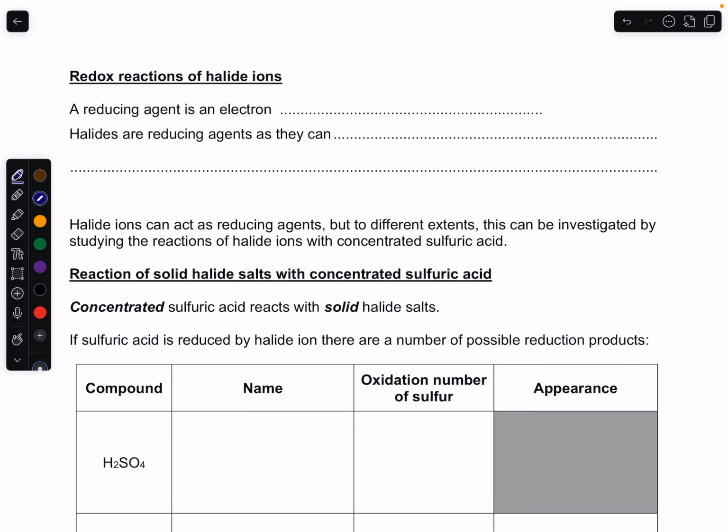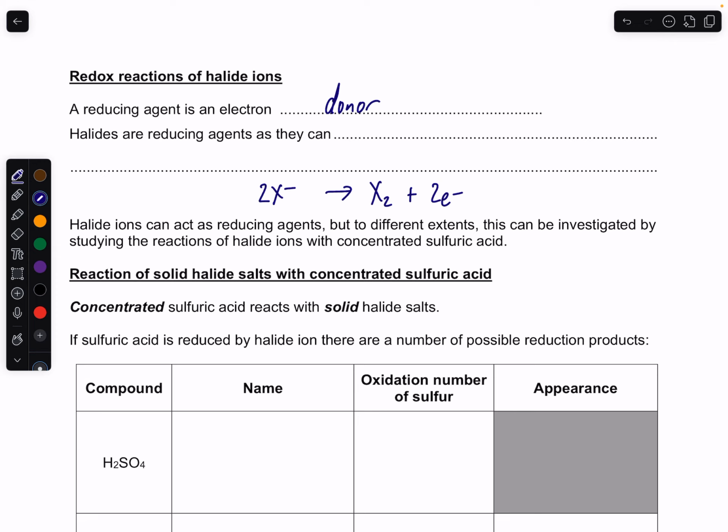In this video we're going to look at the redox reactions of the halide ions, and we're going to be thinking about the halide ions as reducing agents and their ability to behave as a reducing agent. So a reducing agent is an electron donor, and halides are reducing agents because they can donate electrons to become halogens.